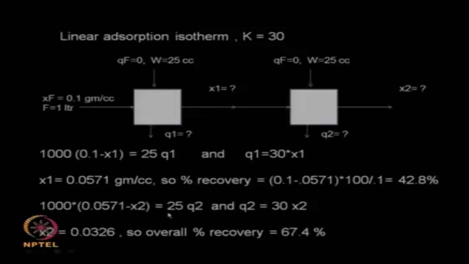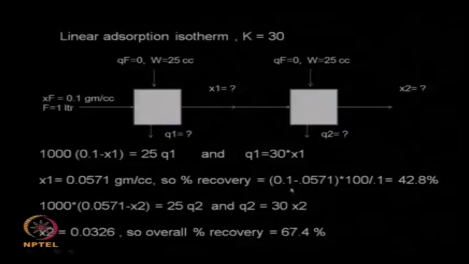You may add a different amount of adsorbent, then you have correspondingly that number coming here. Assume in this particular problem we are adding the same amount like you added in the first stage. So again it is a fresh adsorbent, so there is no solute already adsorbed on the adsorbent. So again it is equal to 25 into Q2, and Q2 is given by 30 into x2 here.